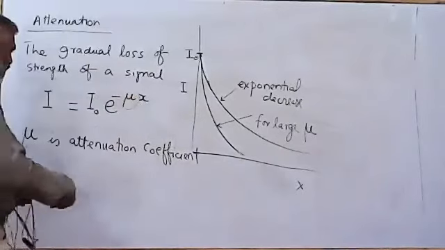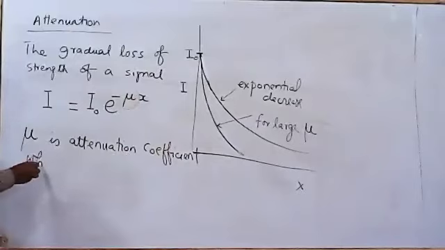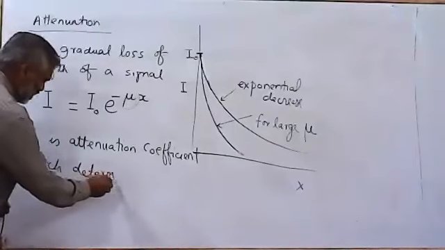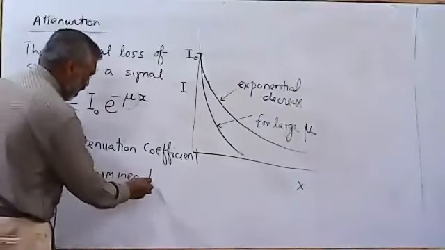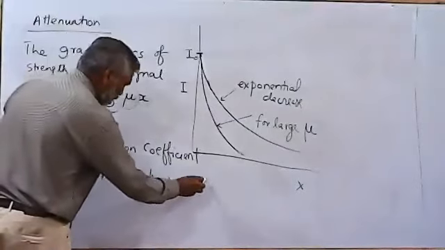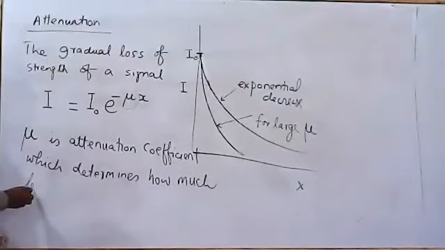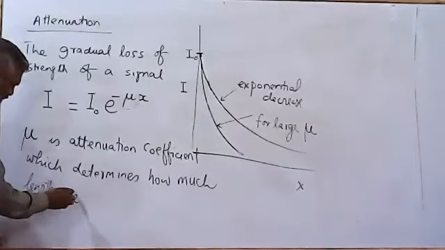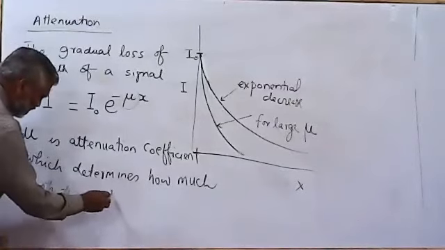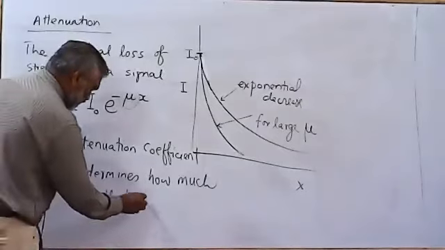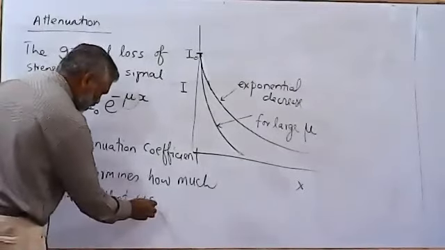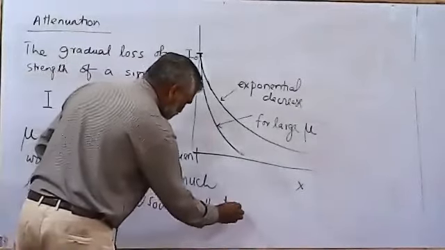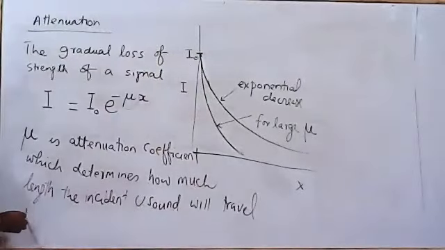So mu is the attenuation coefficient which determines how much length the incident ultrasound will travel in a given medium.